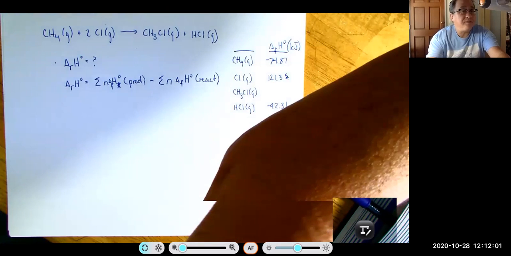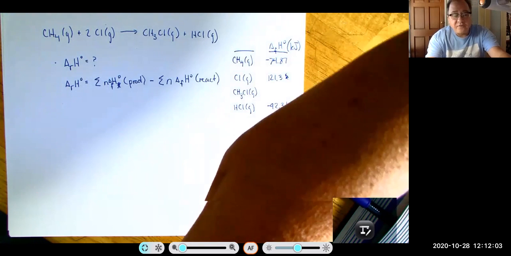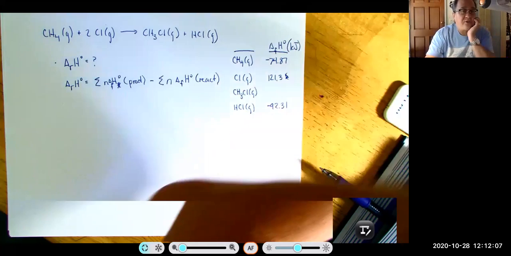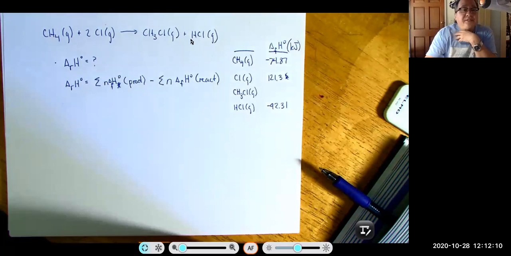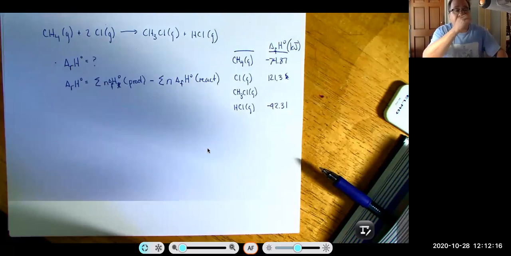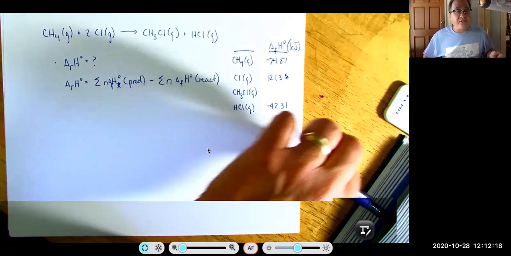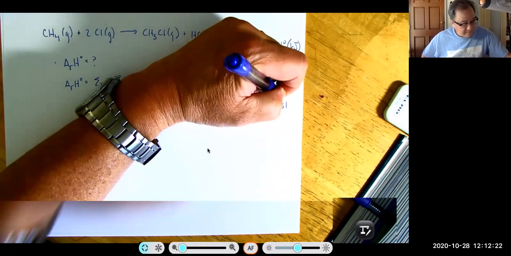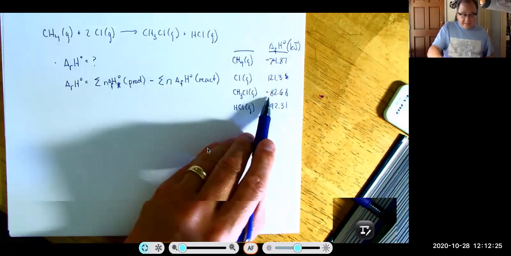Enthalpy of formation. And usually if you write the formula out the way it's written without regard to uppercase or lowercase, it works out pretty good. Okay, the enthalpy of formation for methyl chloride is minus 82.68. So this one I had to find on the internet.